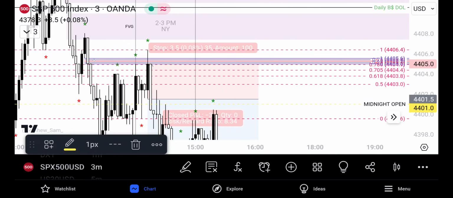But I was looking at this fair value gap right here, right? And for me, once price traded up into it, I got entry right here on MetaTrader 4. And so price traded in.